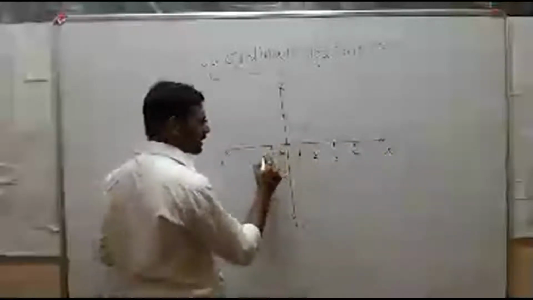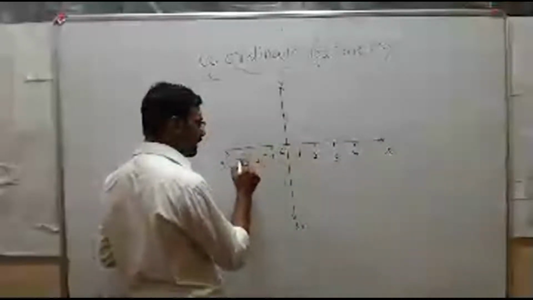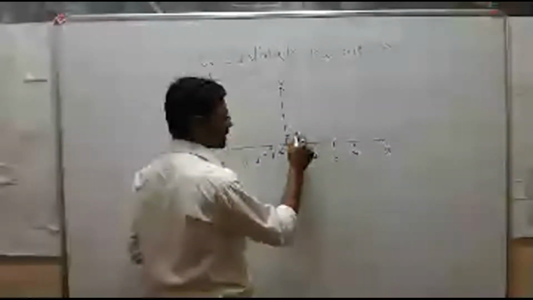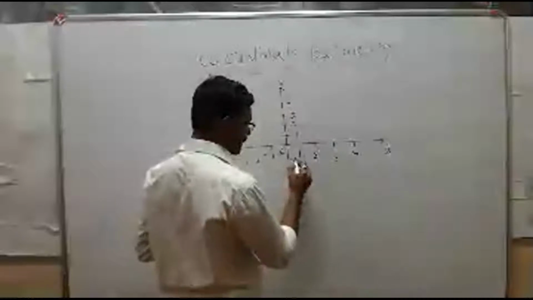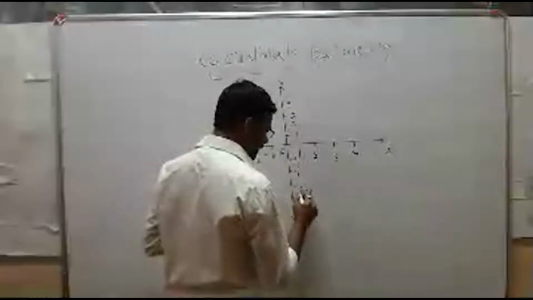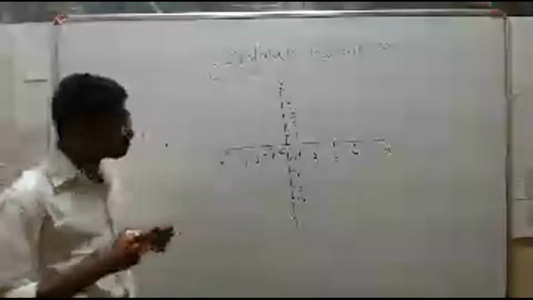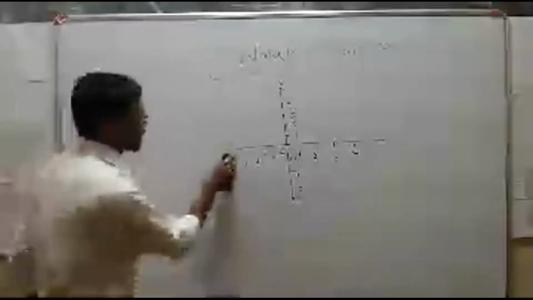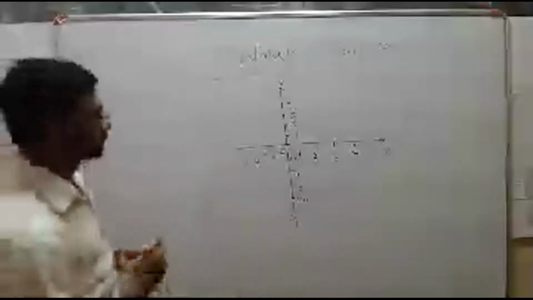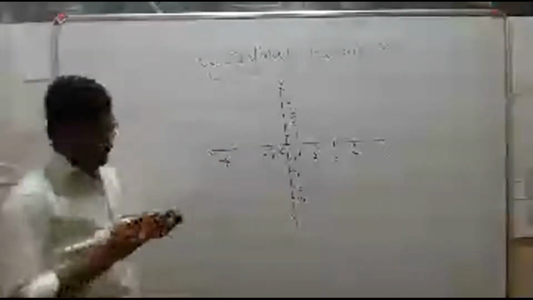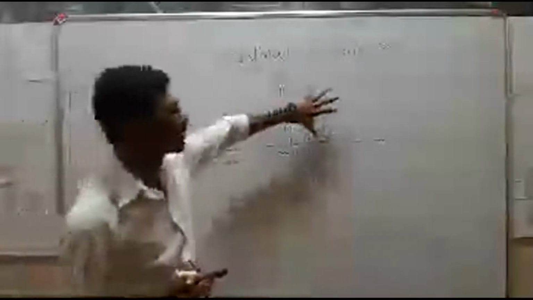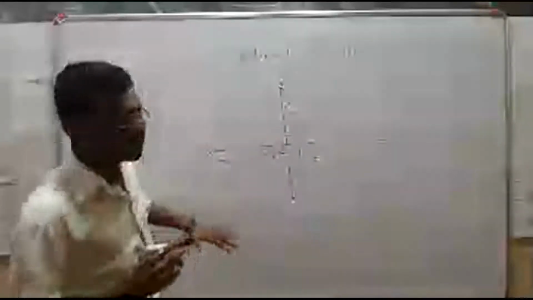X dash is nothing but minus 1, minus 2, minus 3. Here y is positive 1, 2, 3, 4. Y dash is nothing but minus 1, minus 2, minus 3, minus 4. This is considered as coordinate geometry. Sorry, it is the Cartesian plane.